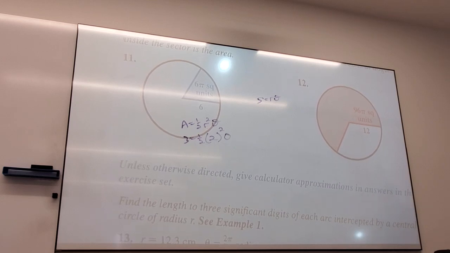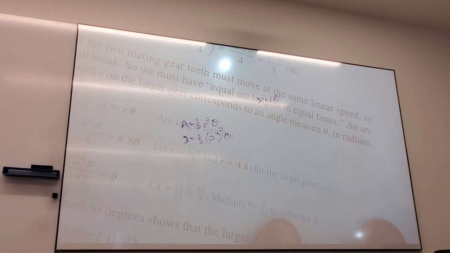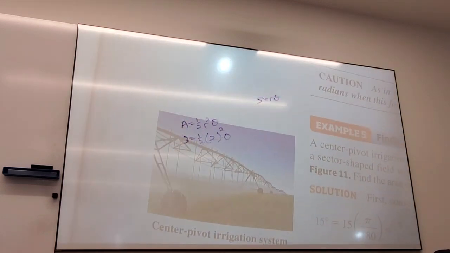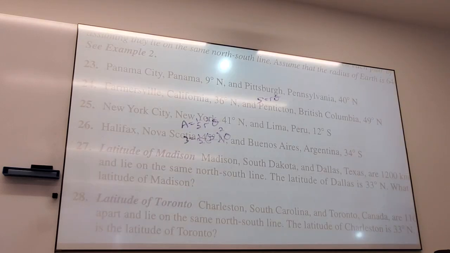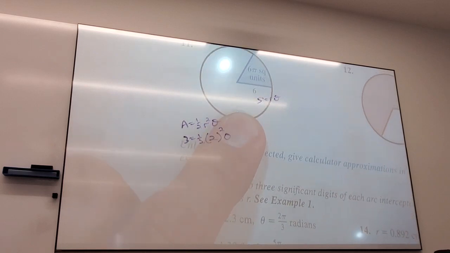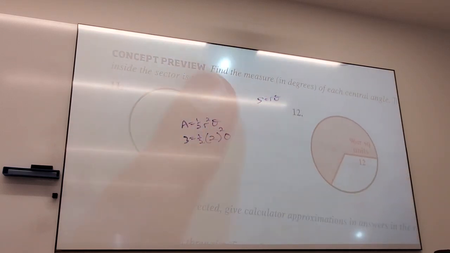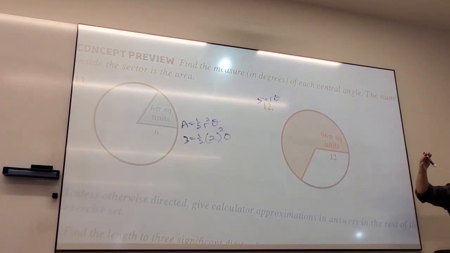I hope they don't give the formula in degrees. Thank God they don't, because you could make this formula based on degrees and it would look horrible. There's no reason to do that. So number 11 is exactly like number 9, except they want the answer in degrees, so I just do one extra step. I would just convert it to degrees.